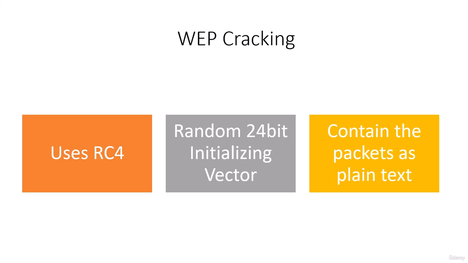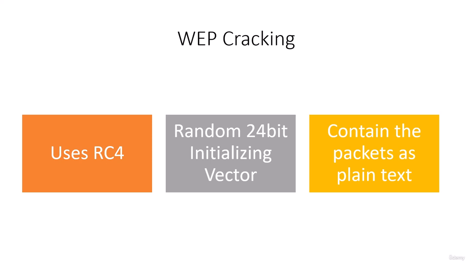It's just 24 bits. So in a busy network, there will be a very large number of packets sent into the air. This means the number of possible random IVs will be exhausted, and we will have two packets that have the same initialization vector.